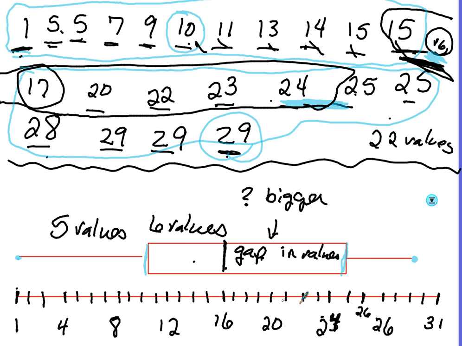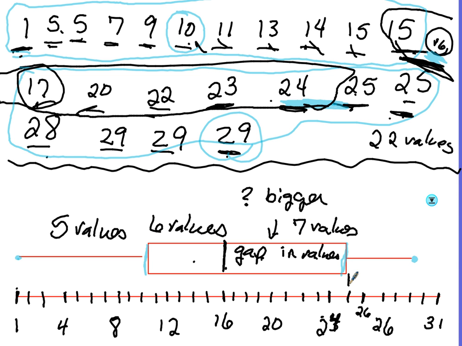How many are between 16 and 24? 7 values.